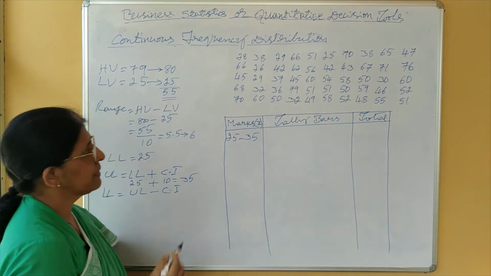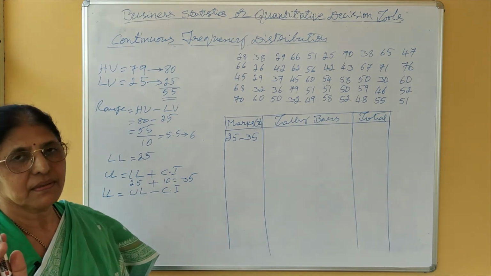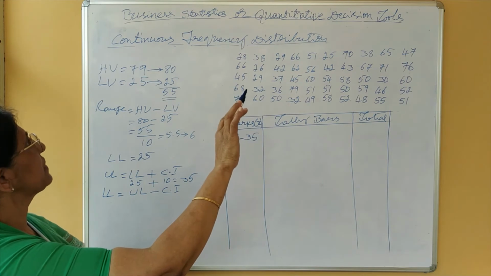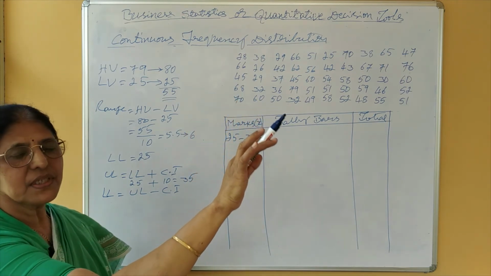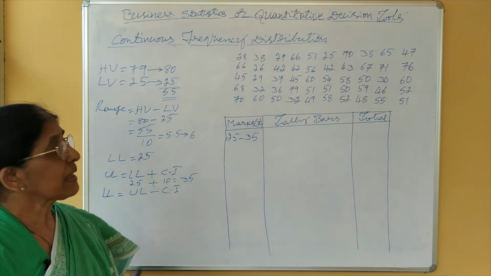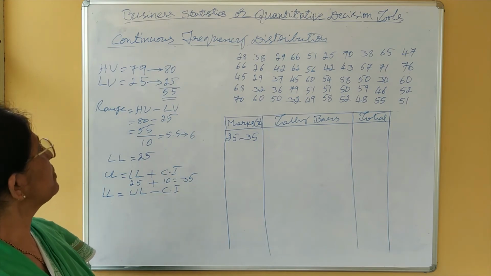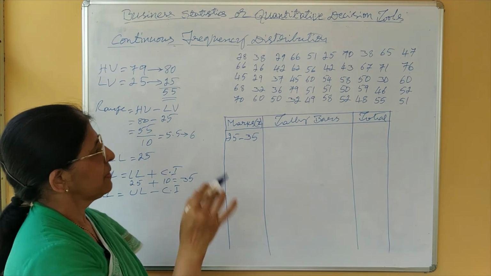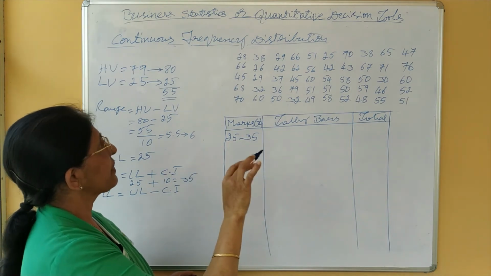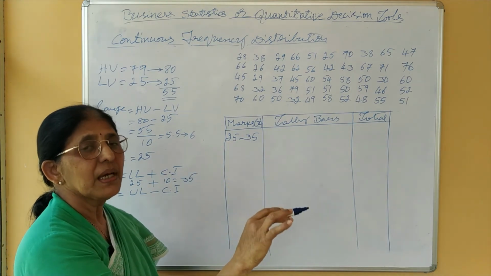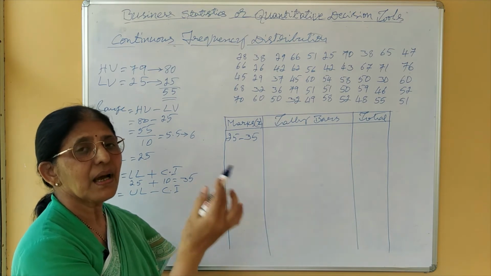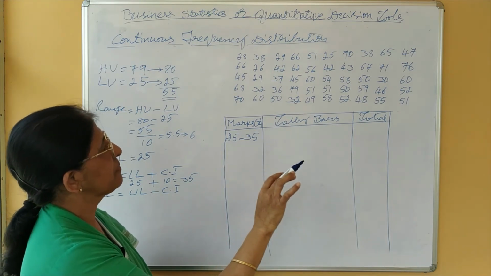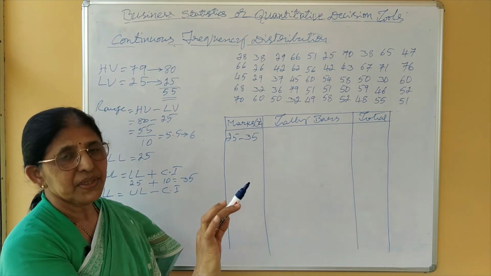Okay. Now, here one more thing you must keep in mind. Here it is given that just prepare a continuous frequency distribution table. Nothing else is mentioned. It is known to you that under continuous frequency distribution, the frequency distribution may be formed either under the exclusive method or under the inclusive method. Under which method it is to be prepared is not mentioned.